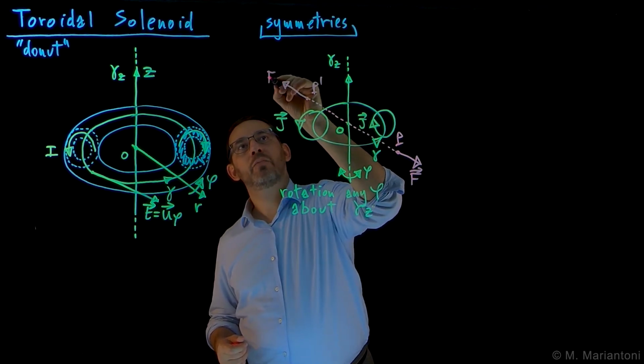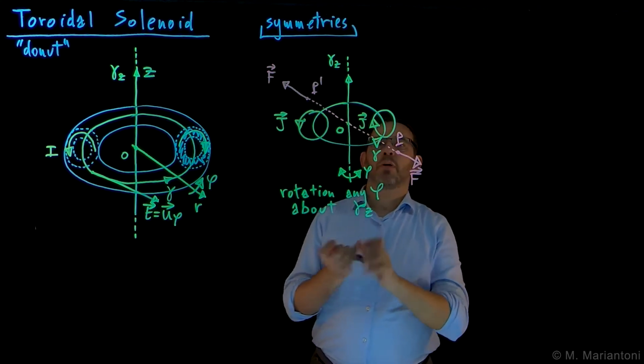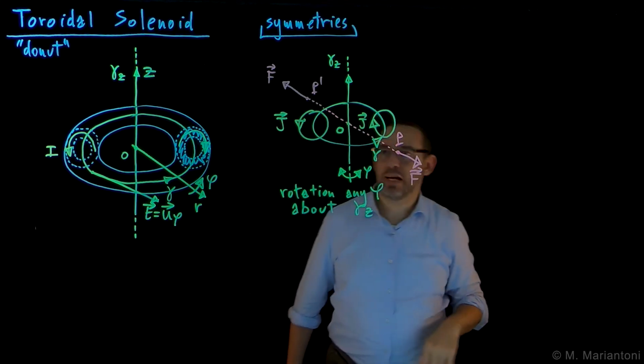We will find the same vector field F upon making this rotation, in this case of pi, around gamma z.